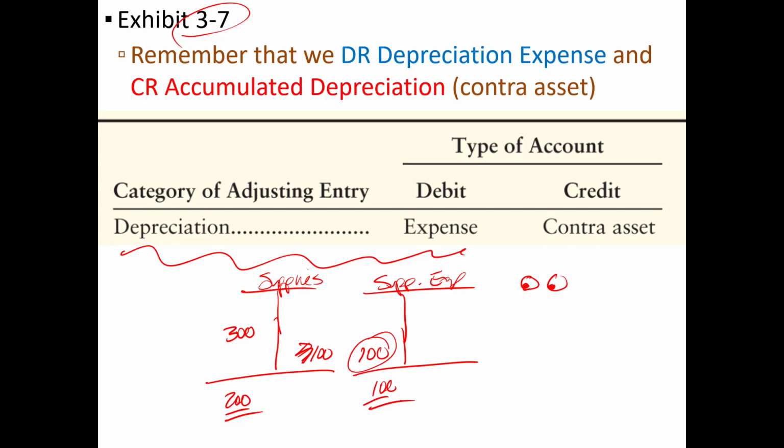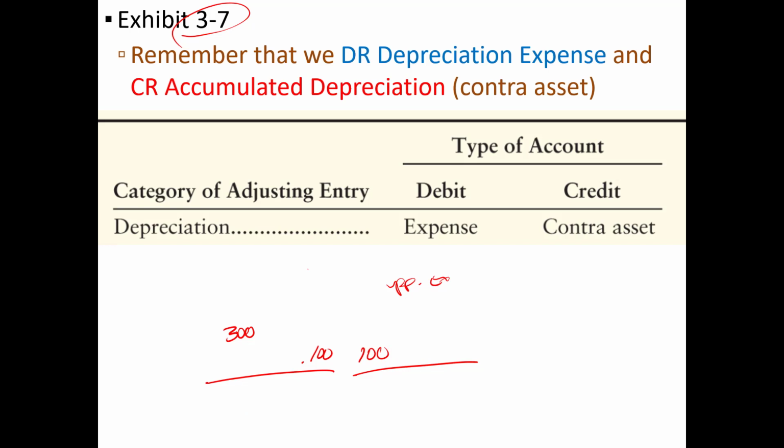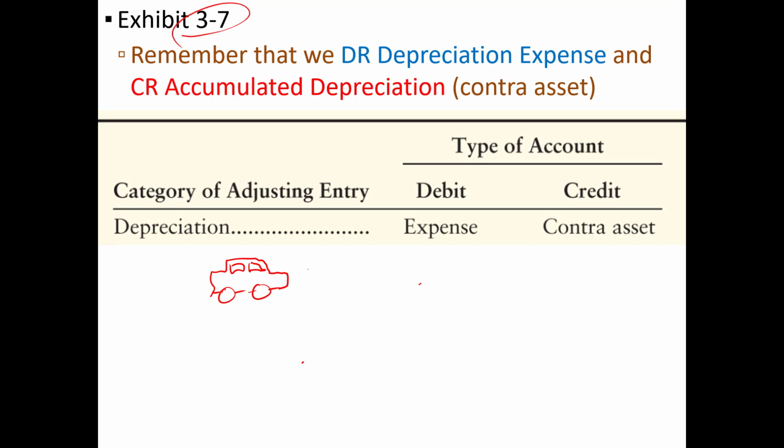But when it comes to depreciation, realize when you buy the car, say a truck, or a Hummer, the vehicle, we buy it for, say, $20,000. We drive it. Guess what? After a year, it's still there. It still exists.